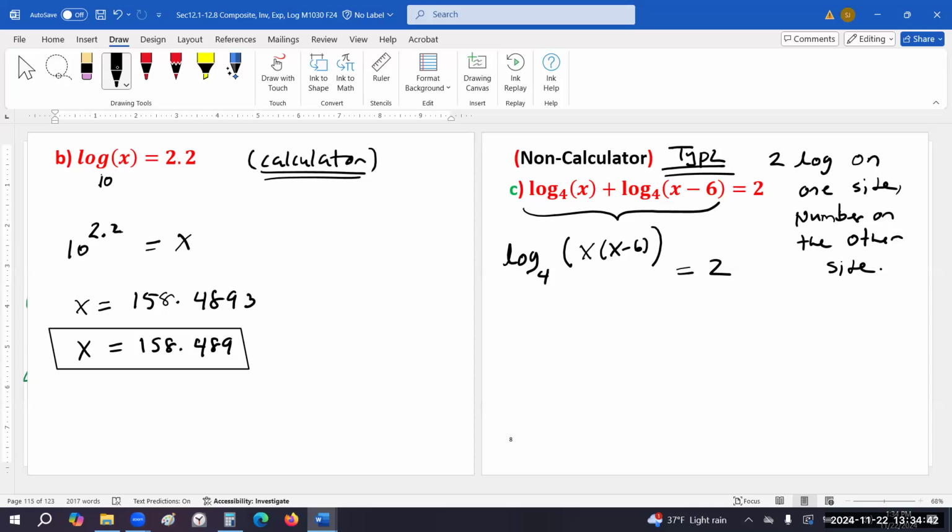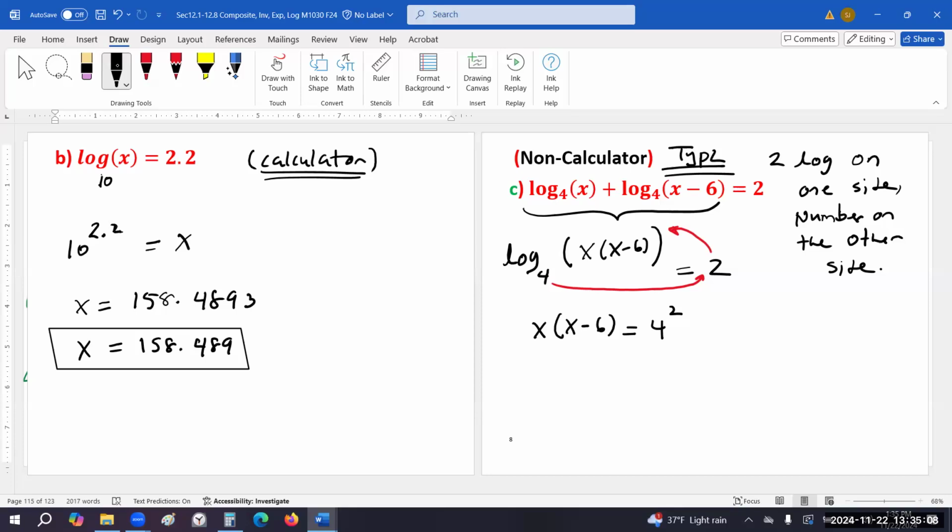So once you have only one log to work with, we convert it into exponential. So what do we have? Now we have 4 squared equals x times x minus 6.